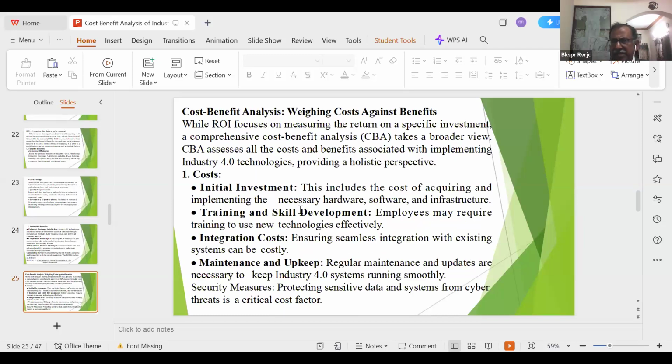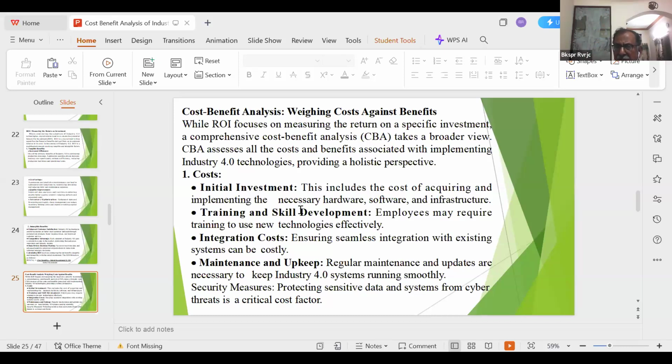The cost benefit analysis, weighing the cost against the benefits. Earlier we discussed return on investment, what the costs are, and how tangible and intangible benefits are identified.